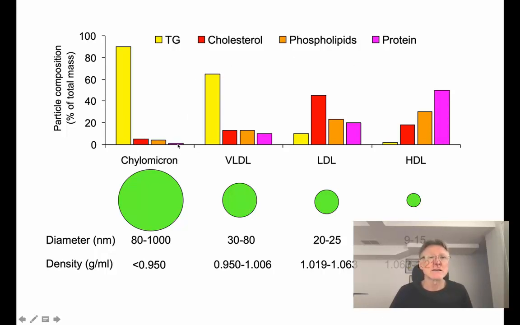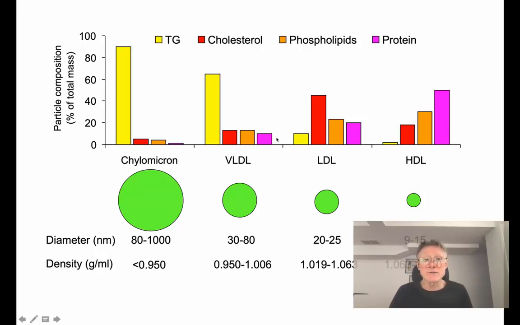Basically it's triglyceride. VLDL is second in size. So again, it's rich in triglycerides, but it comes from liver, not from the gut. So it has a little bit more cholesterol, as you can see here. It's approximately 10%, about double the amount of cholesterol that you have in chylomicrons. Same thing with phospholipids, and protein a little bit more.